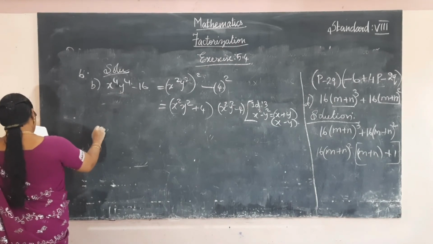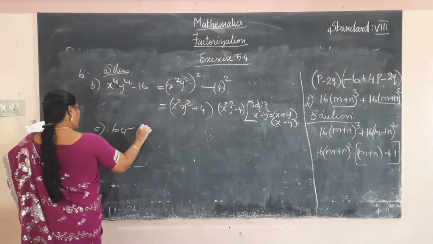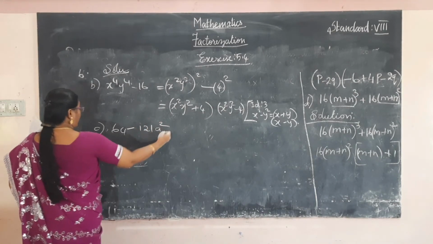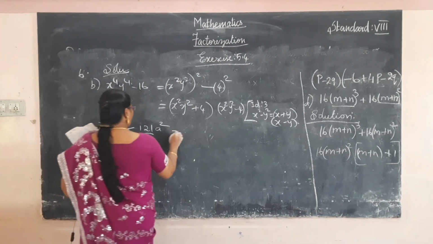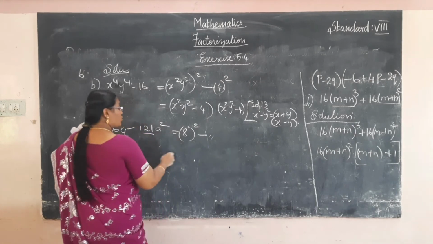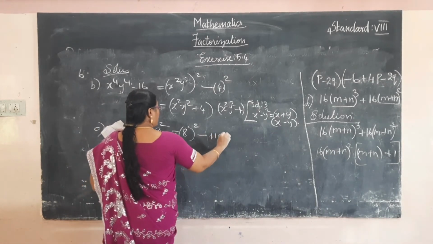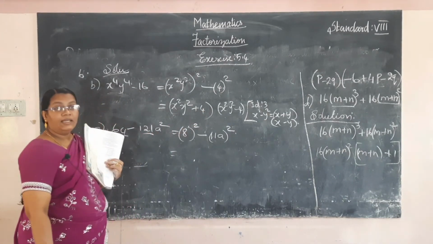Now move to the C problem. 64 minus 121 a square. So these are square values, is it? So 8 square minus 11 square, so 11a the whole square. This also we do using identity 3.